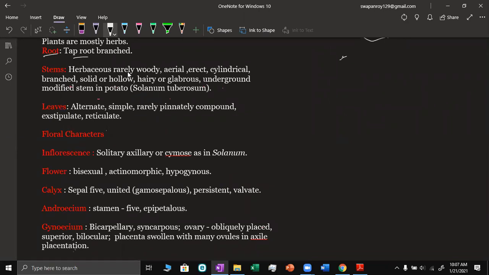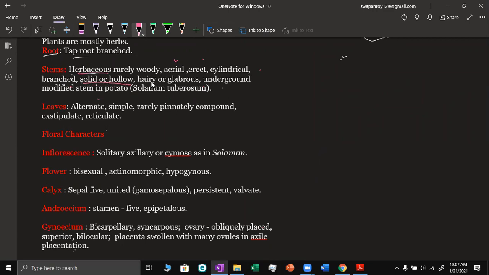The stem, as it is a herb, is herbaceous. Herbaceous means the soft stem. Rarely it is woody. Aerial means above the ground. It is erect and cylindrical, sometimes solid or hollow.